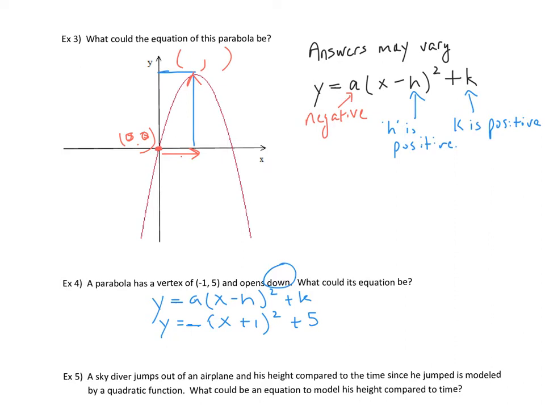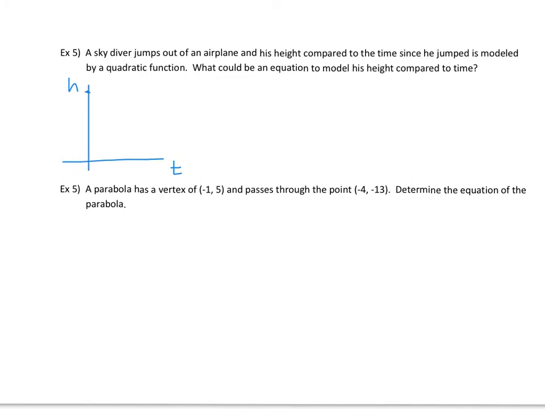Okay, example number 5. All right, for this question, it's very open-ended. The skydiver jumps out of an airplane, and his height compared to the time since he jumped is modeled by a quadratic function. What could be an equation to model his height compared to time? So we know at time 0 he's in the airplane, and then he jumps.